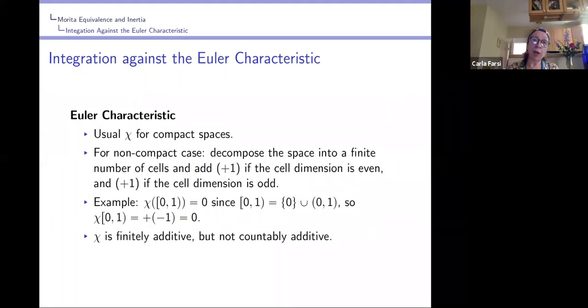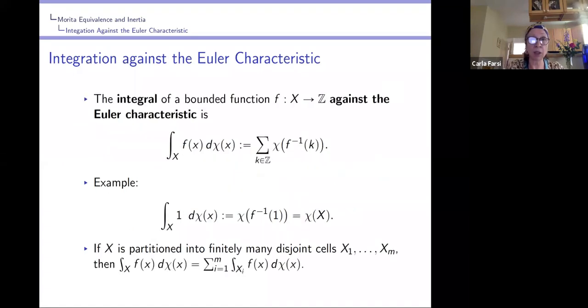If you define the chi of an open interval to be -1, then chi of a half-closed interval is going to be 0 by additivity. So this is not the standard homotopy invariant Euler characteristic for non-compact sets, but this is what makes it work. It's finitely additive, but not countably additive. So it's a little bit like a measure, and that's why you can integrate against the Euler characteristic.